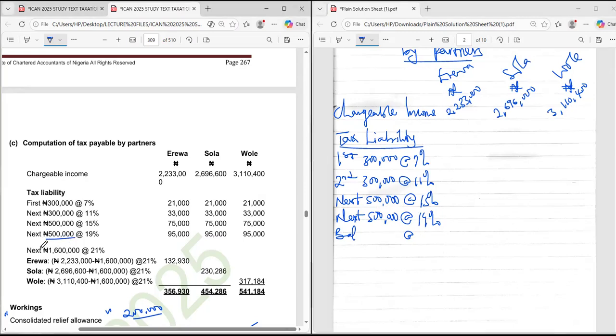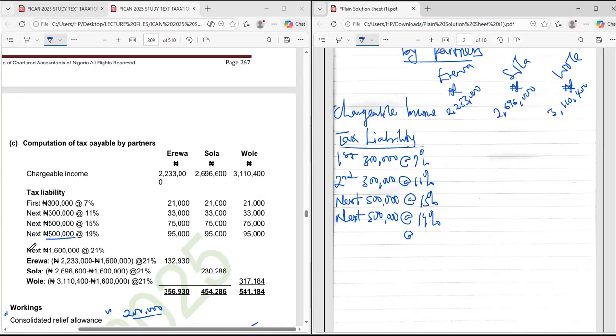The figure is too small. 1.6 is there now; we cannot go to balance. We want to do 1.6.